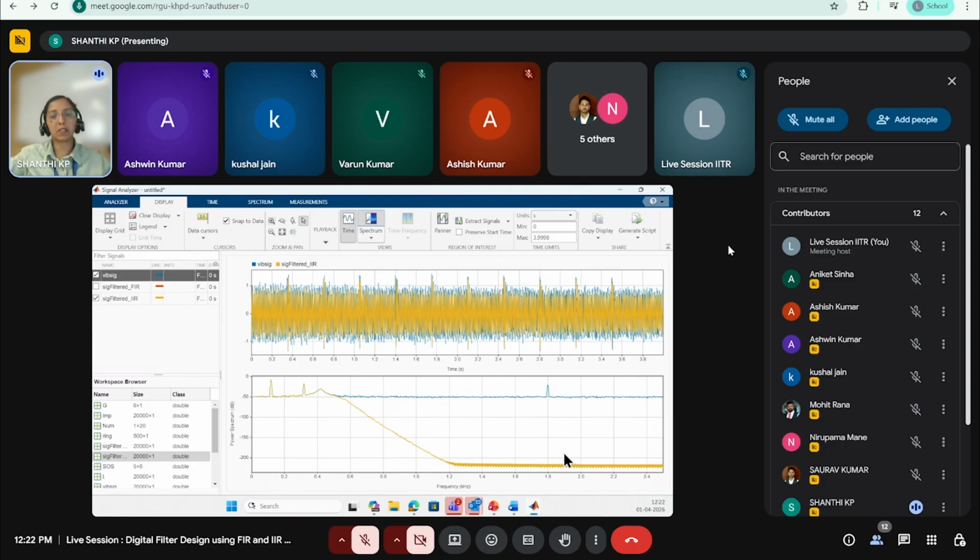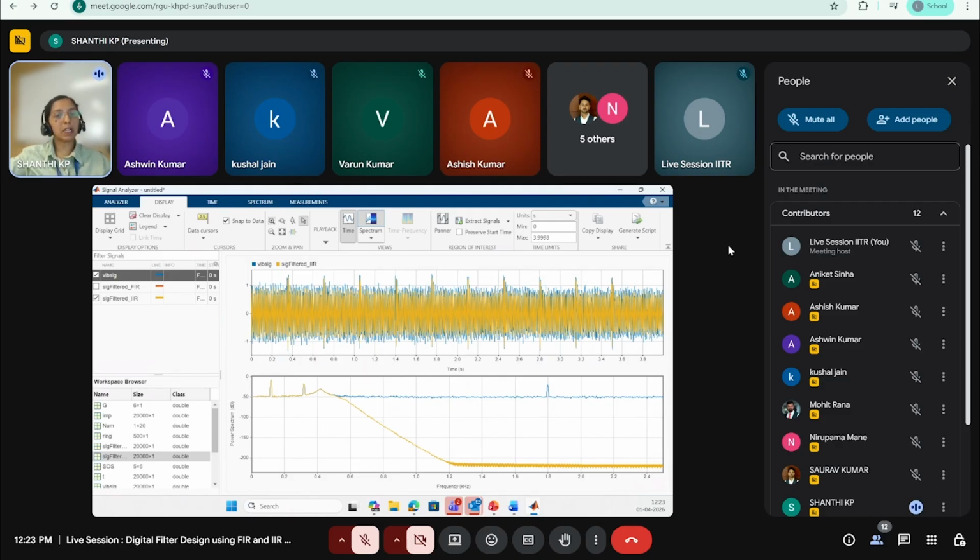The noise peak is also getting reduced here. So we can say that the filtered signal is less noisy and the vibration features are preserved. So we can say the IIR filter is working as intended for the engineering problem we have.